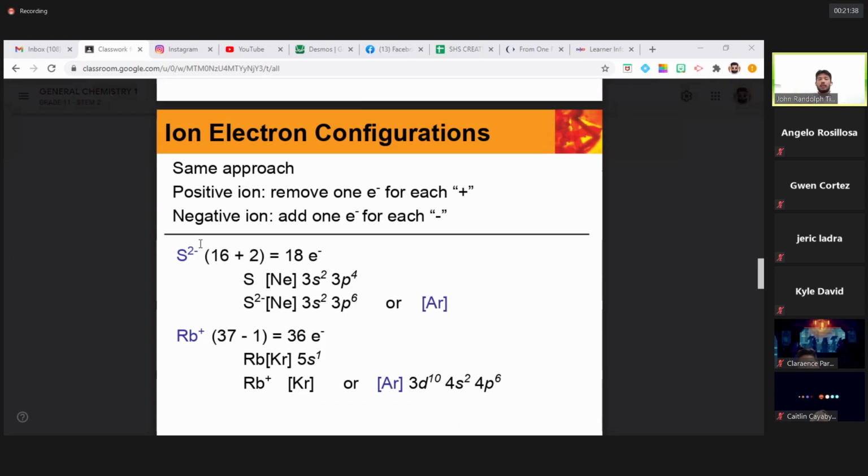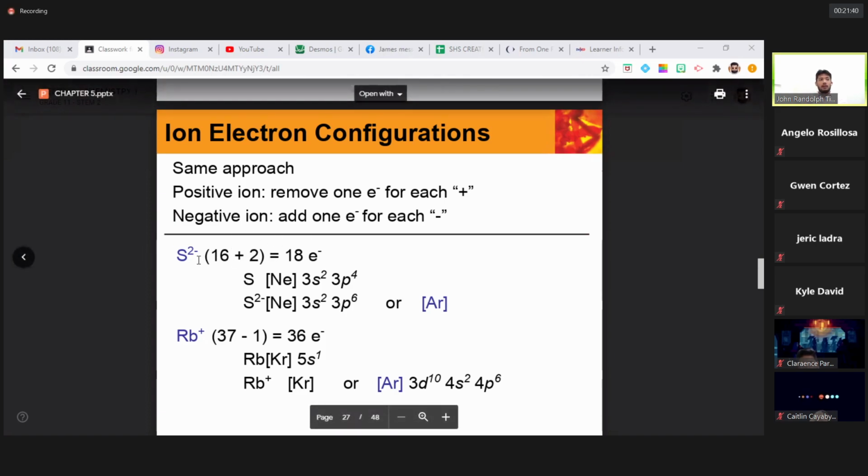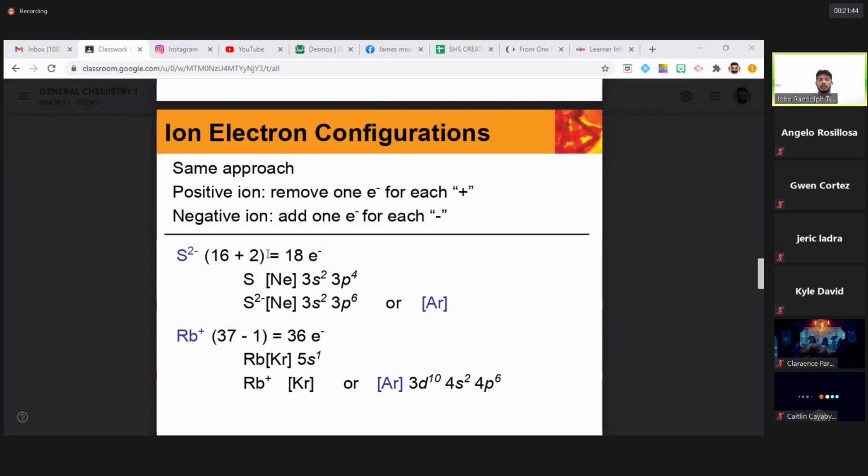Therefore, you will have a total of 18 electrons for sulfur 2 minus. 16 plus 2. Now for rubidium, rubidium 1 plus, or just plus. If you represent ions, guys, and the charge is only 1, don't write the 1. Plus alone is fine. Same with minus: 1 minus can be just minus. But for 2 and up, you need to write the 2.